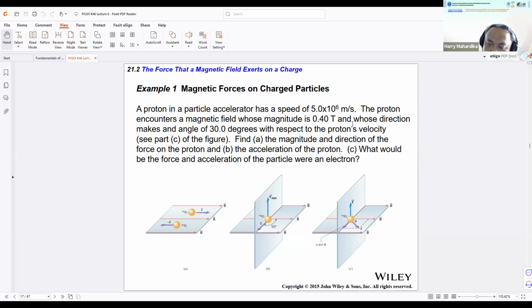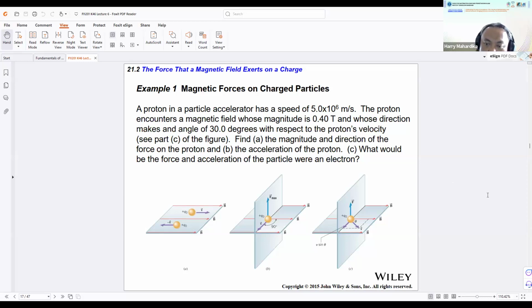So the illustration that we have here is just a simplistic model where B is pointing to the right, whereas the velocity is moving at a certain direction to B, in this case 90 degrees to the right of B. In exams or student assignments, the directions of B and V can differ, can have different directions.